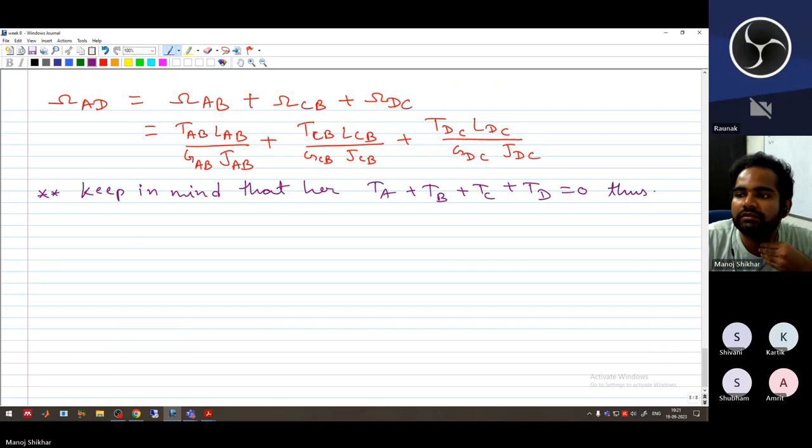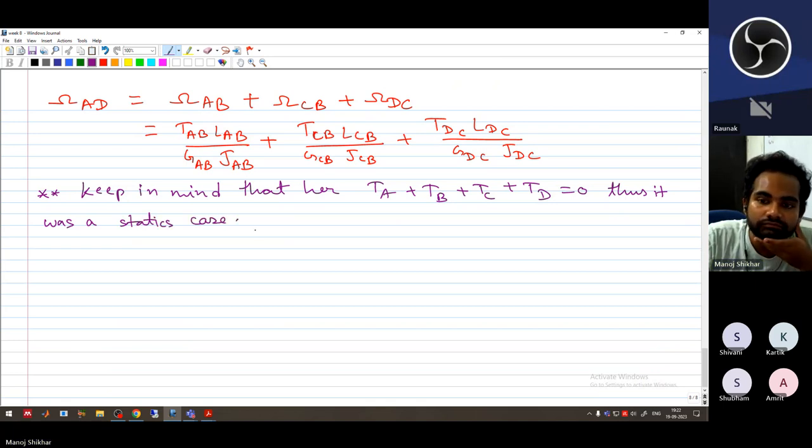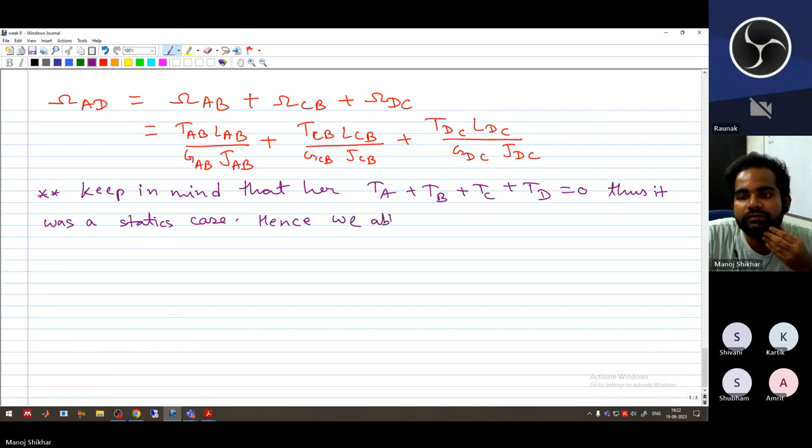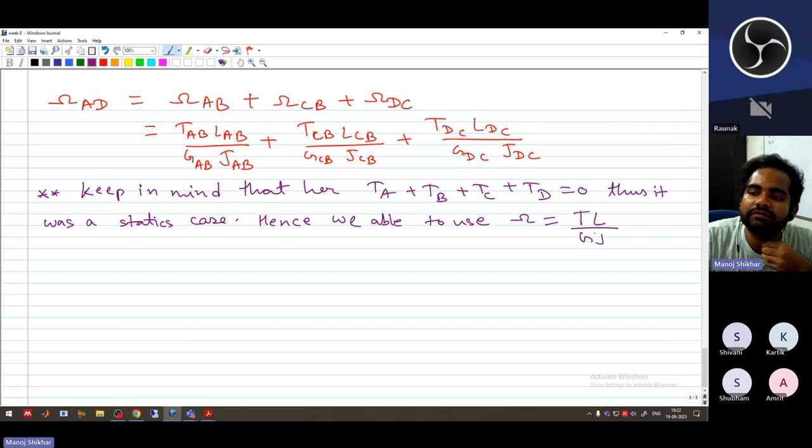Thus, it was a statics case. Okay. Hence, we were able to use omega equal to TL by GJ.